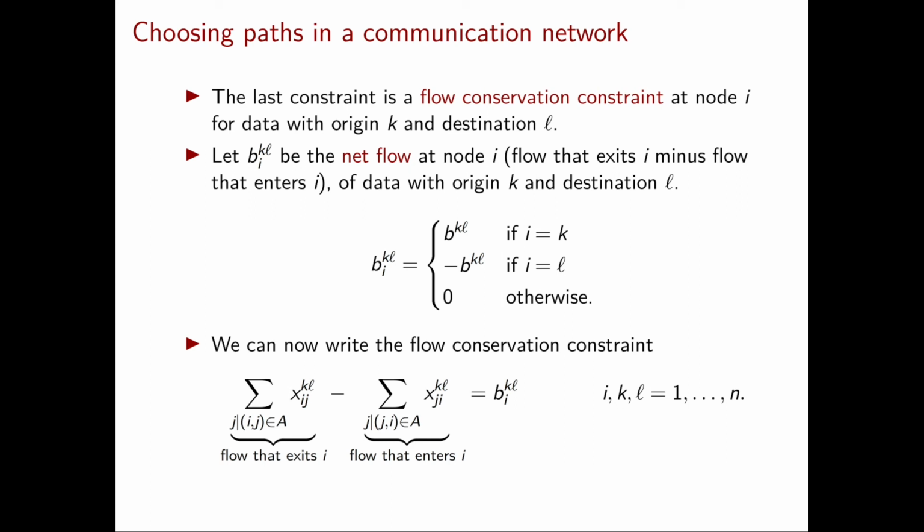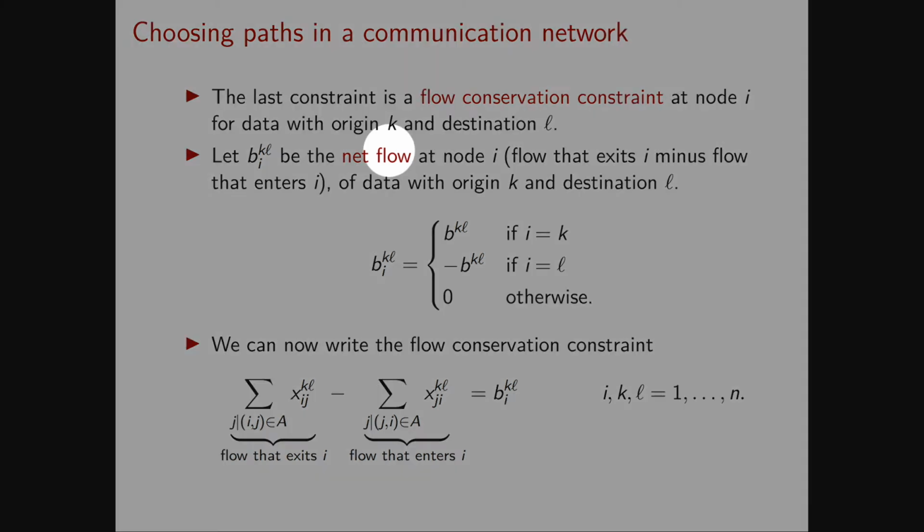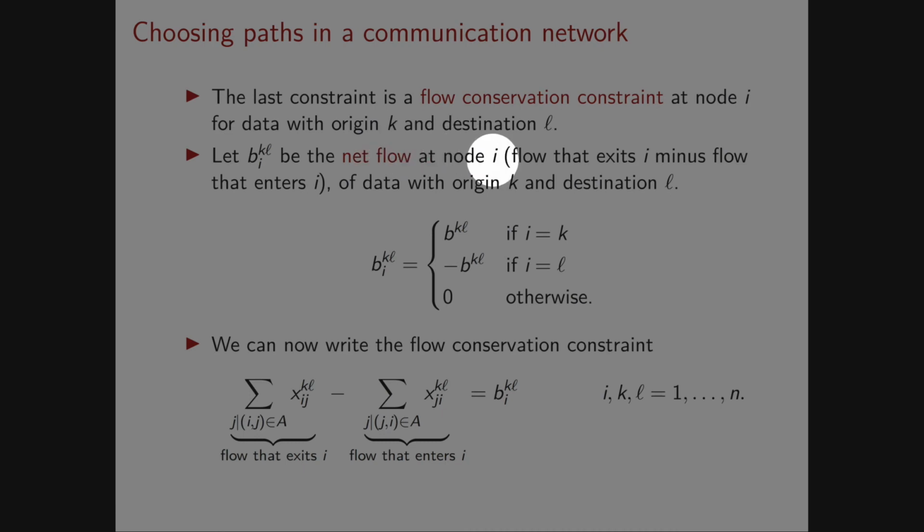So essentially what we need to do in these constraints is guarantee that the only type of data with origin k and destination l is generated in k and is absorbed essentially in l, and along any other node of the network, no such data is ever generated or absorbed. In order to write down these equalities, we need to write down what is called the net flow at every node i, and this will be denoted by b_i^kl.